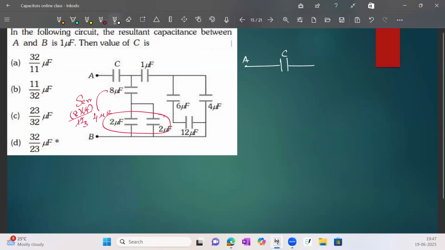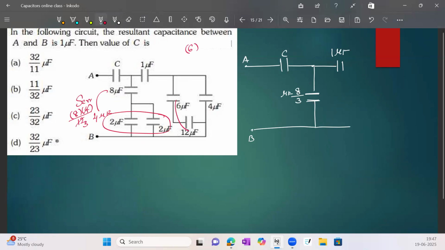So we have a capacitor here, it becomes 8 by 3 microfarad. Then you see here, we have one capacitor whose value is 1 microfarad. Coming to these two, they are connecting in series.